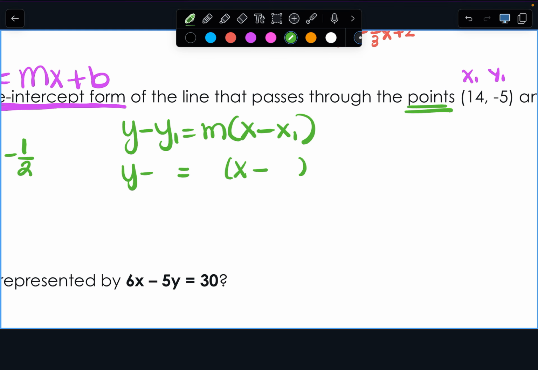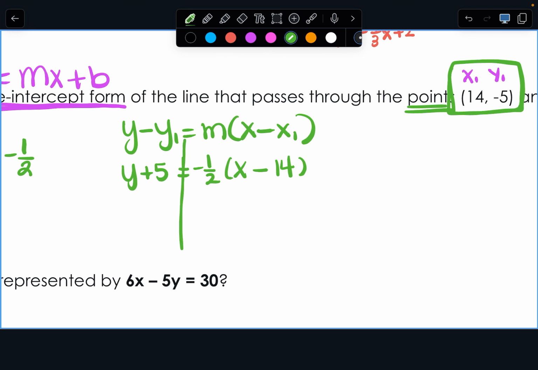Just draw them. Anyway, since this one's already labeled as x1, y1, I'm going to use those numbers, and we get what? Y minus 14. Nope. Thank you. Y plus 5 equals negative 1/2 times x minus 14.